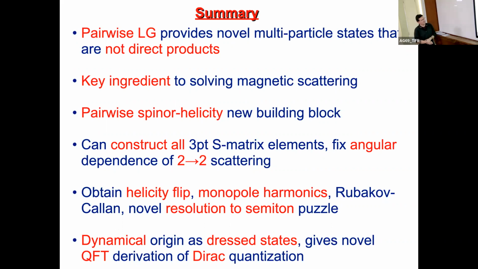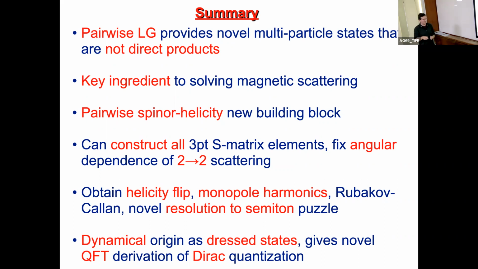For the lowest angular momentum state scattering in the partial wave decomposition, we find that there has to be a helicity flip. We were able to reproduce the Callan-Rubakov effect and possibly give a resolution of the semiton puzzle. And then, this is the part that I didn't get to, but the one-line upshot is that until now it was all group theory, but the question is, what's the dynamics that is giving rise to this pairwise helicity?